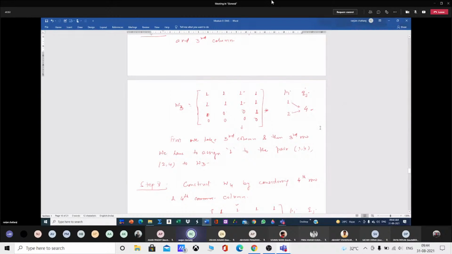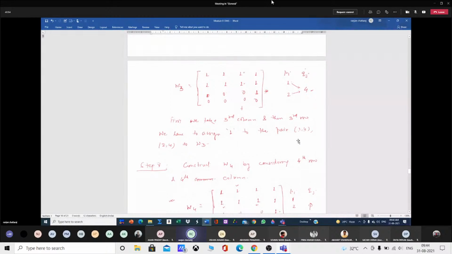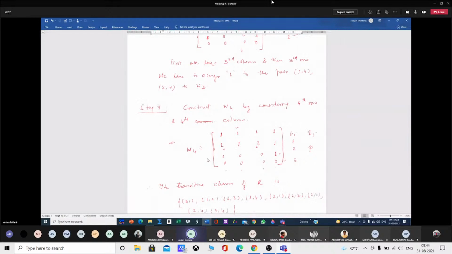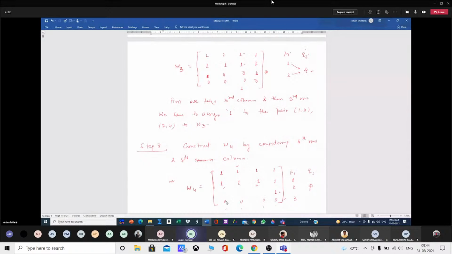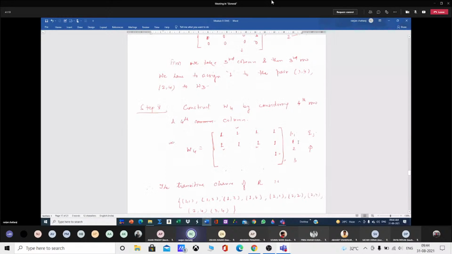Now similarly construct W4. In W4, we have W3 like this, so again construct the blank matrix. Now come to the fourth row and fourth column. What is the positional entry of the fourth column? It is the first, second and third positions, and we don't have any 1 in the fourth row.